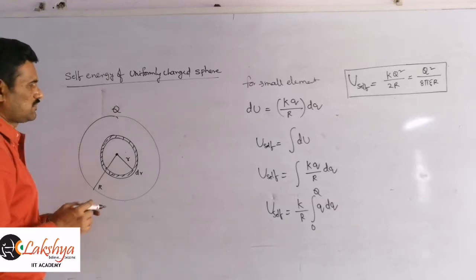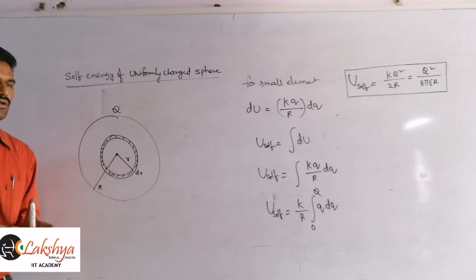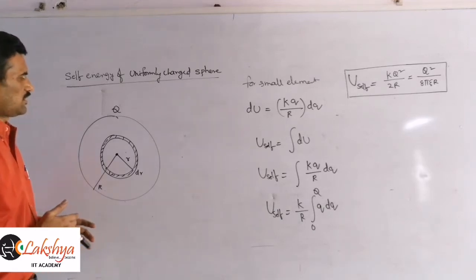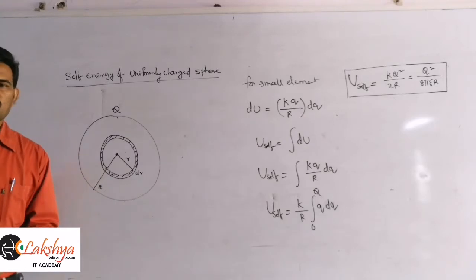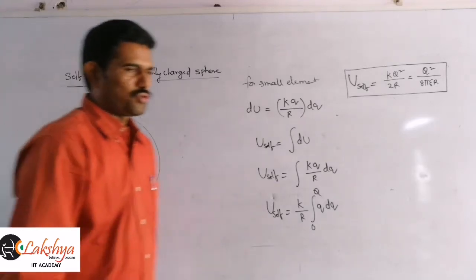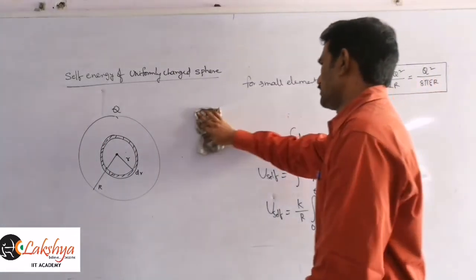So first write that. Consider a solid sphere of radius r having charge q distributed uniformly throughout its volume.